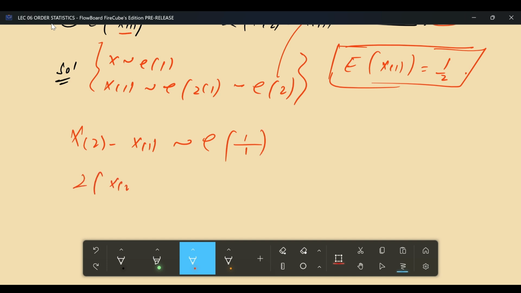So x2 minus x1 will follow exponential 1, then 2 times (x2 minus x1) will follow exponential 2, which is chi-square 2. Exponential 2 will follow chi-square 2 only. So this is the question from 2023 IIT JAM.